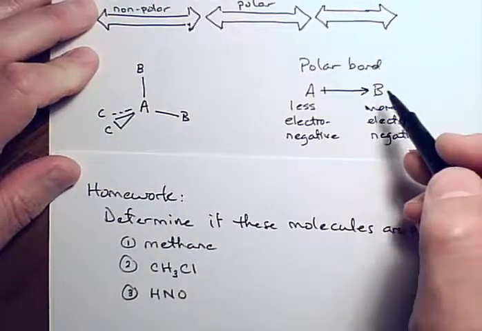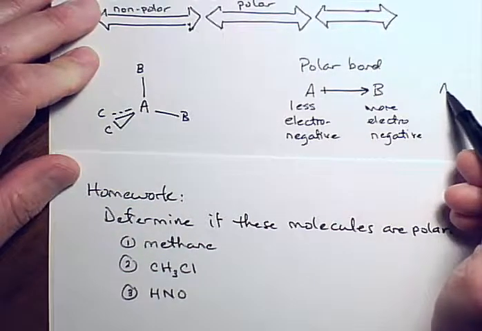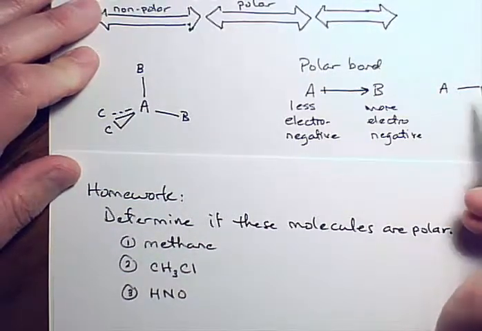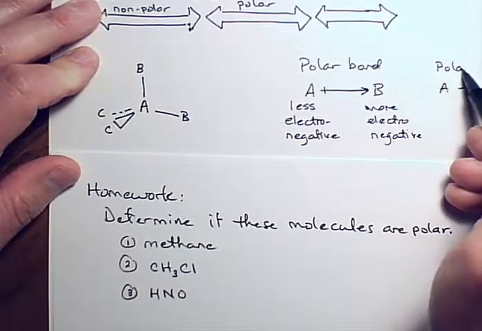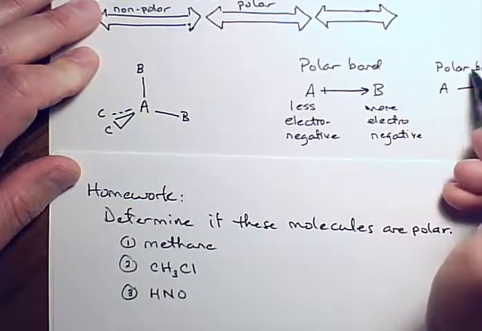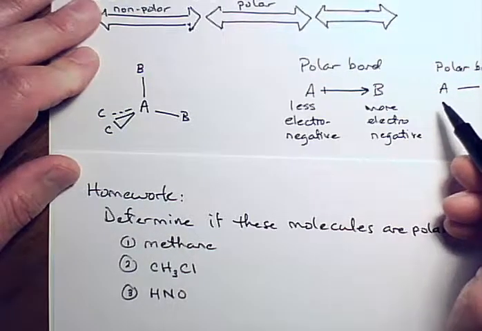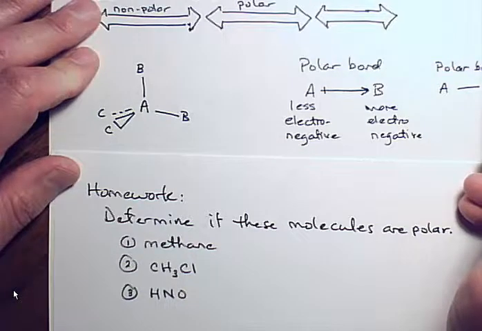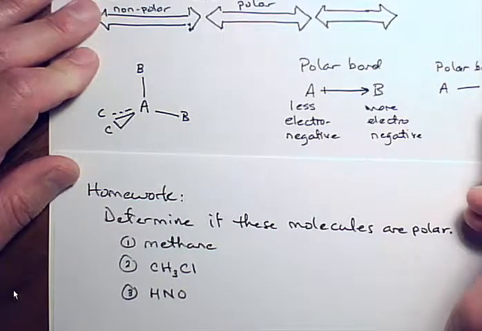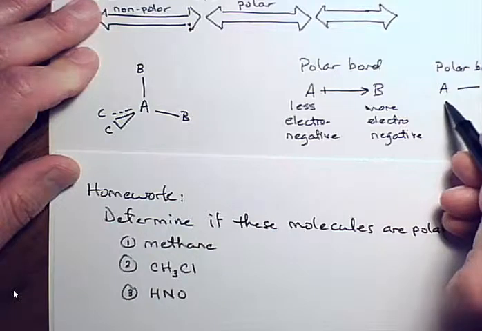It's also true that if you have a polar bond, A going to B, this end of the molecule is partially positive and this one is partially negative, because the electronegativity is greater over here.